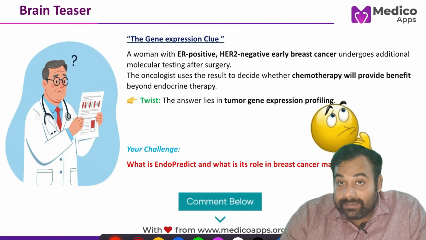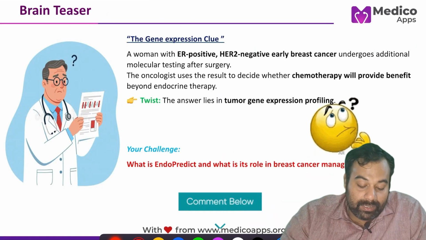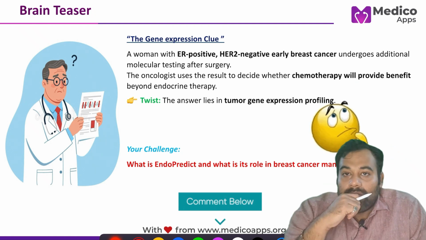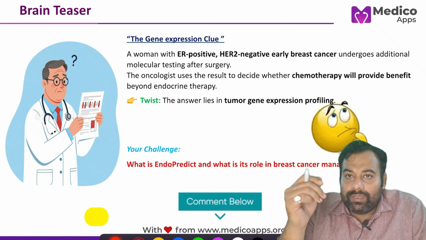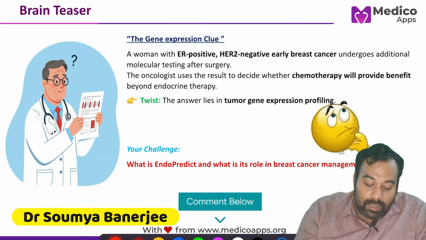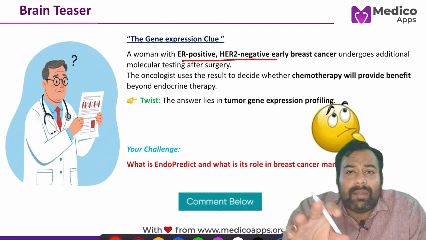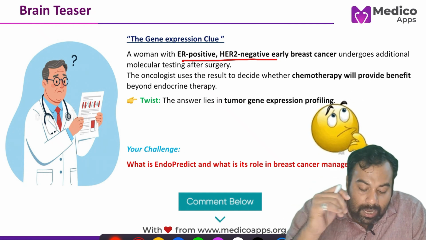Here is another brain teaser for you guys. There is a gene expression clue here. A woman with ER positive, HER2 negative early breast cancer undergoes some additional molecular testing after the surgery.